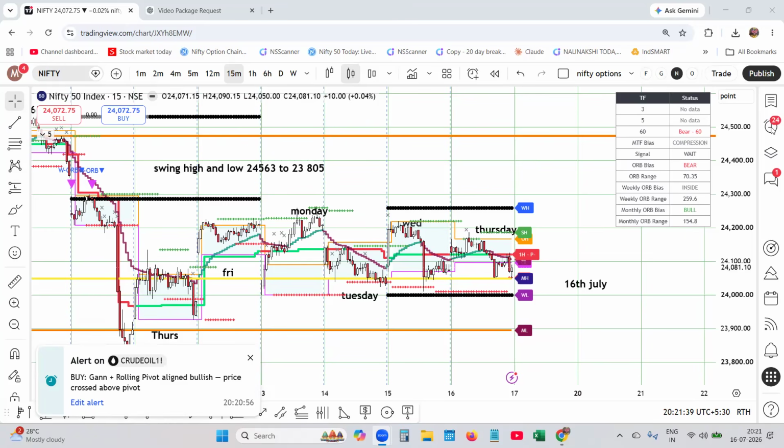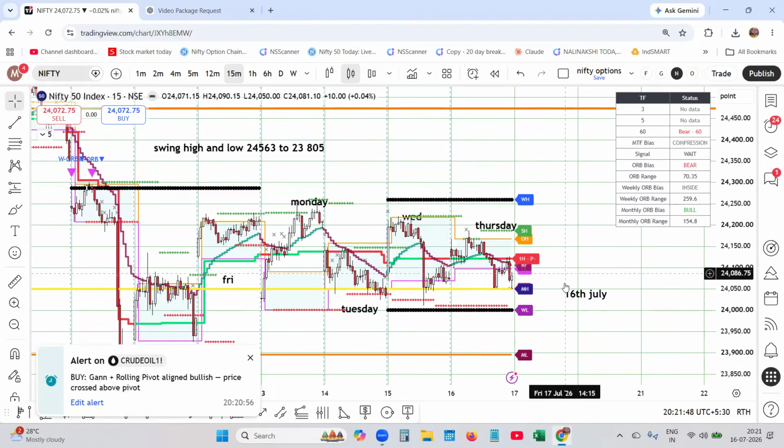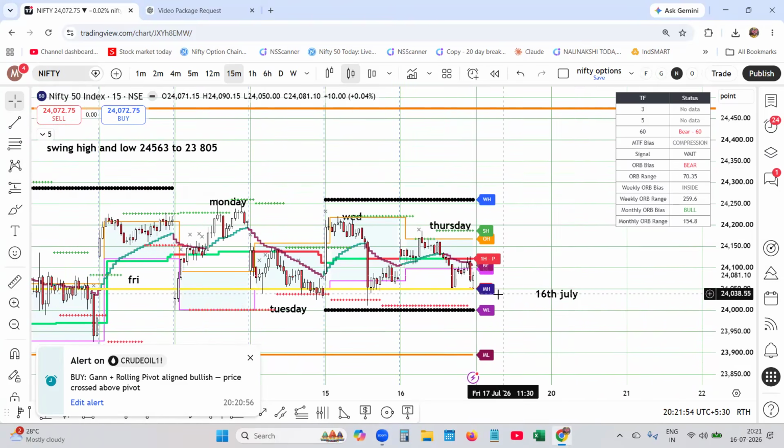First component is the swing structure. It automatically plots this Loren system indicator, Nalini Loren system indicator. It automatically plots the swing structure. For example, this was the swing low yesterday and it continued today swing high.